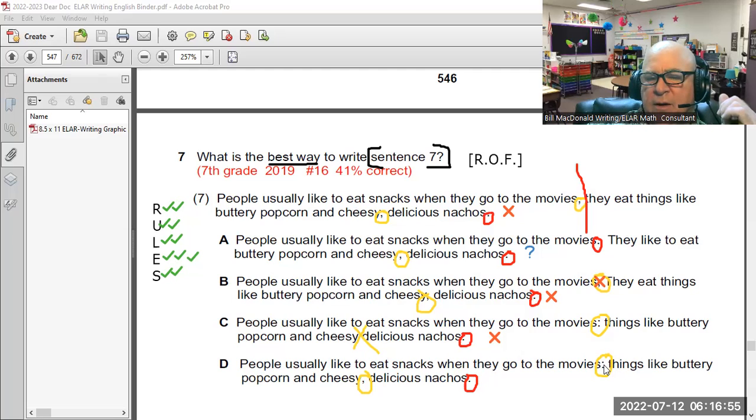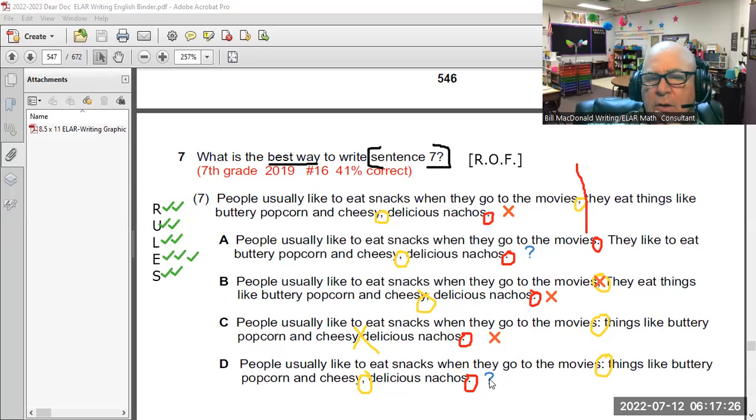Colon is followed by hour with minutes, the whole with a part. So a whole sentence with a part of it, a list. Things like buttery popcorn, the first thing, and the nachos, what kind? Cheesy, delicious nachos, period.